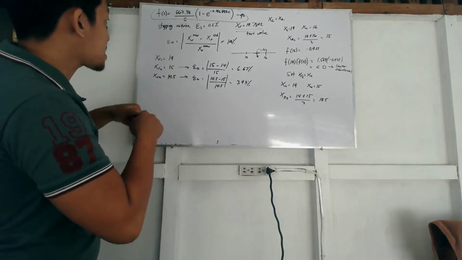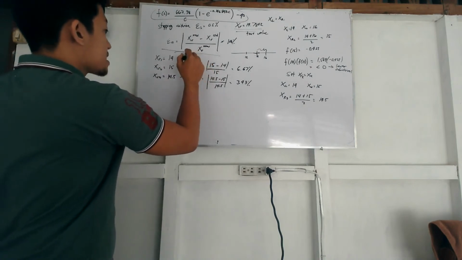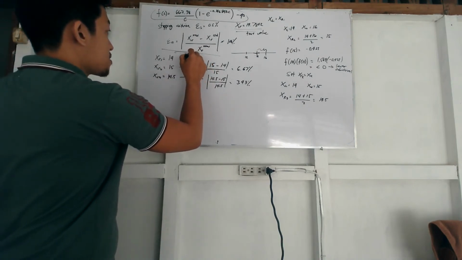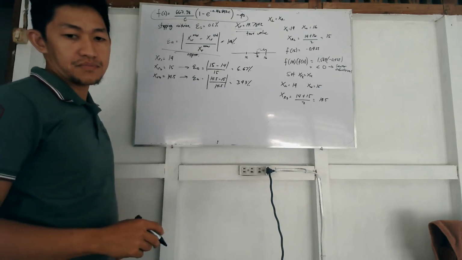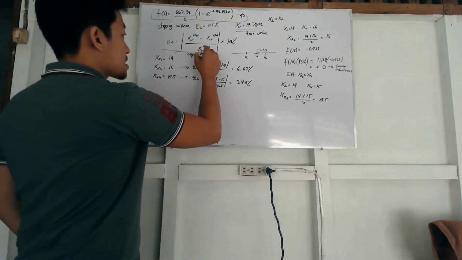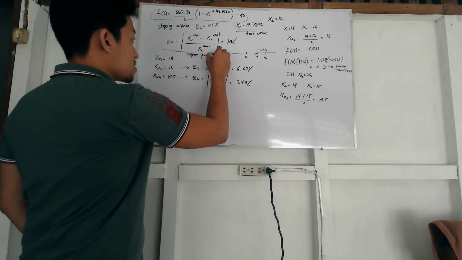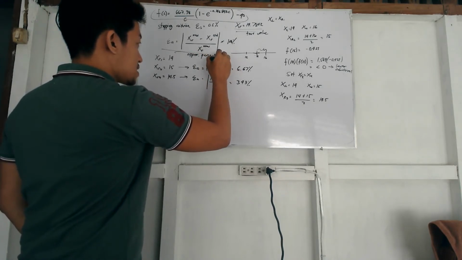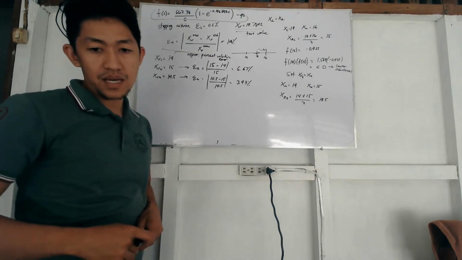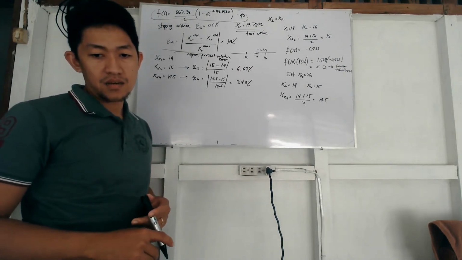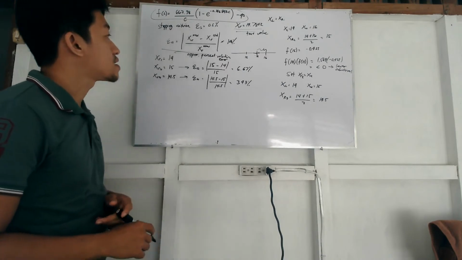Now, kani siyang error, this is the approximate percent relative error. Okay? Approximate relative error.